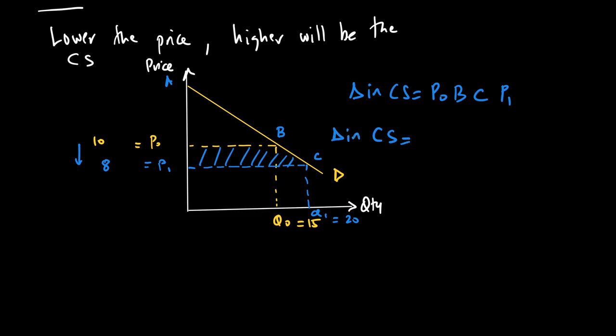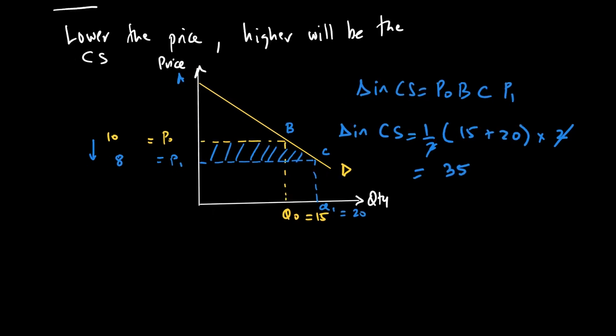So I can say change in consumer surplus will be half times the area of the trapezium. Formula is basically the sum of this length plus this length, which is 15 plus 20, times the height, which is 2. So this 2 and 2 get cancelled. 15 plus 20 is 35. So the change in consumer surplus will be $35.